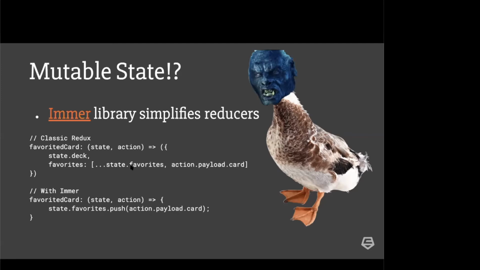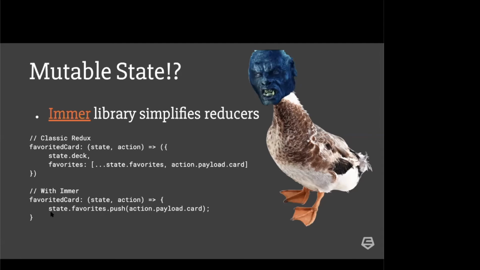So you can see here, if we have this favorite card action, we have to construct a new array by spreading the previous favorites array and whatnot. As state grows, this can be difficult to express. But with Immer, you can just manipulate state directly.